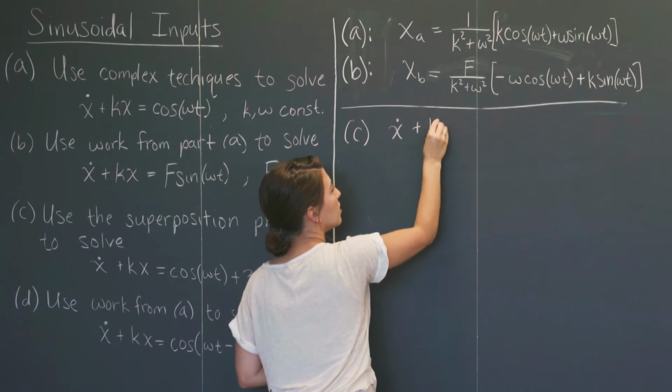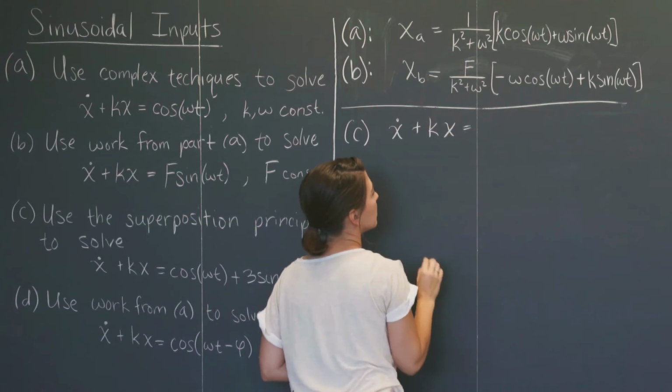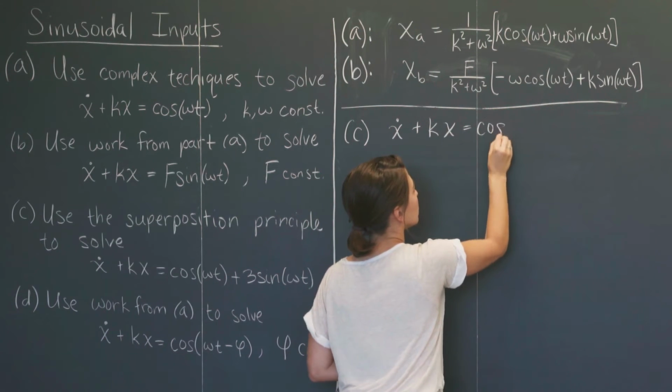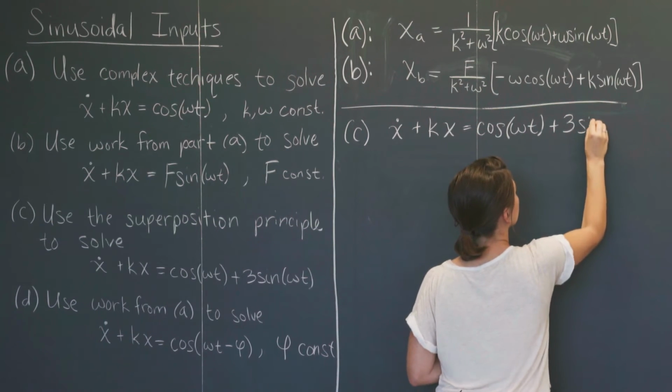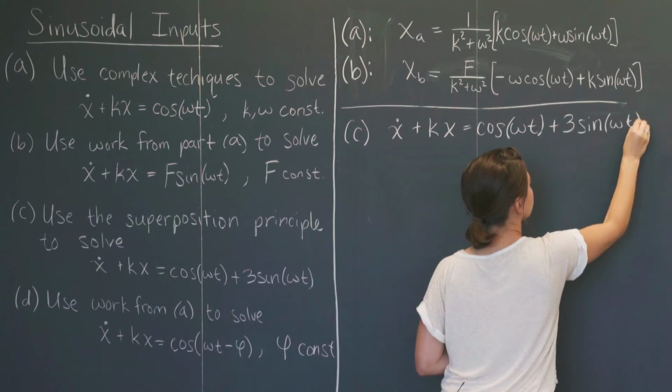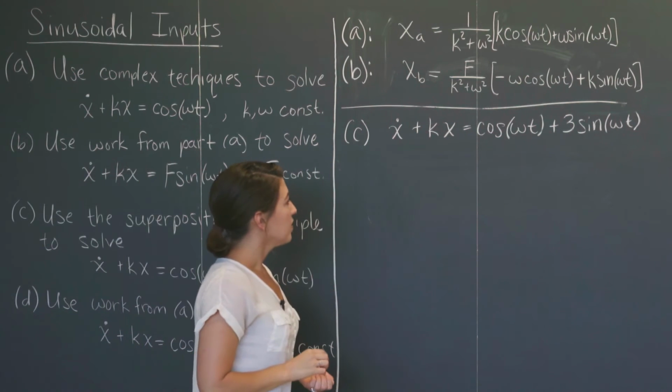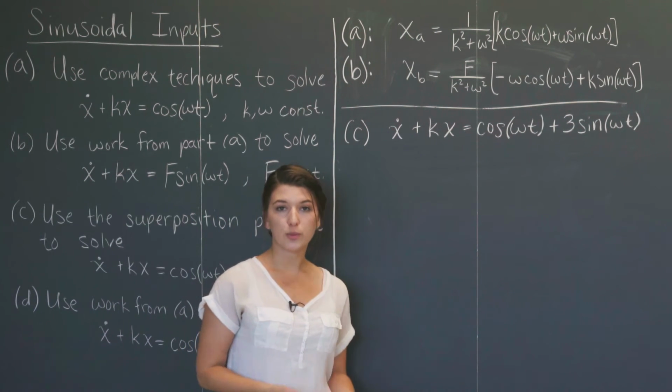x dot plus kx equals cosine of omega t plus 3 sine omega t. So to solve this, we're going to use the superposition principle.